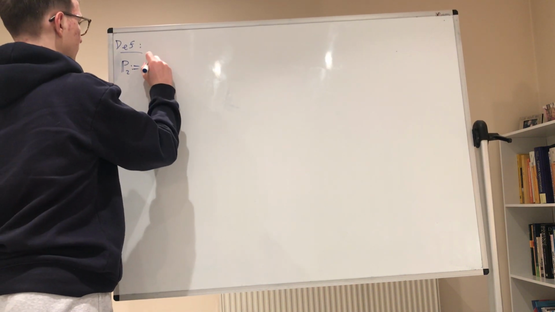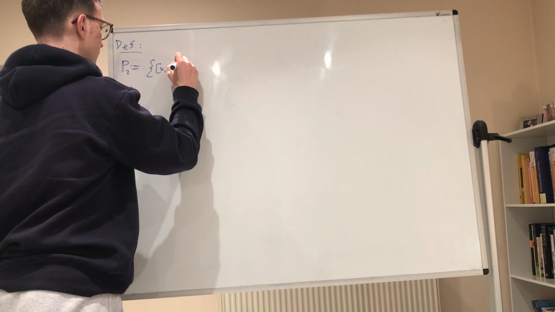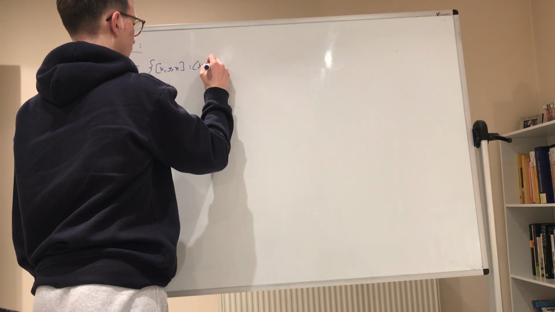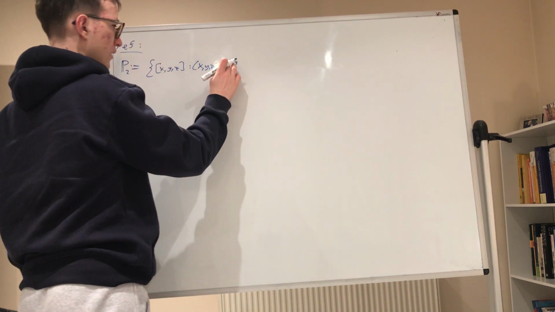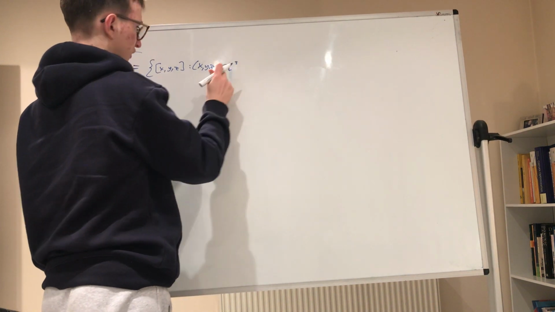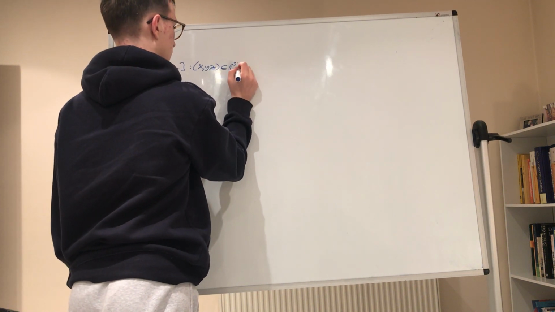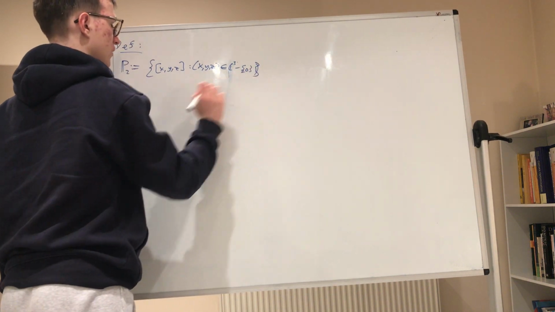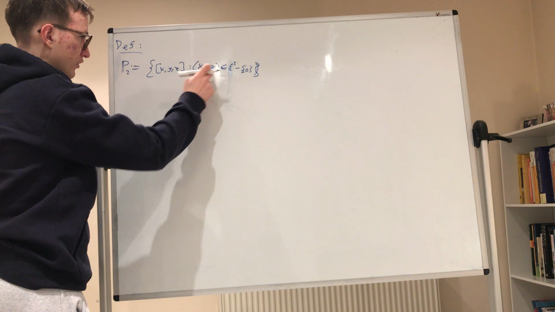What it is, is the set of all equivalence classes [x, y, z] such that (x, y, z) is part of C^3, i.e. x, y, and z are all complex numbers, but they're not all 0, i.e. it's not (0, 0, 0).